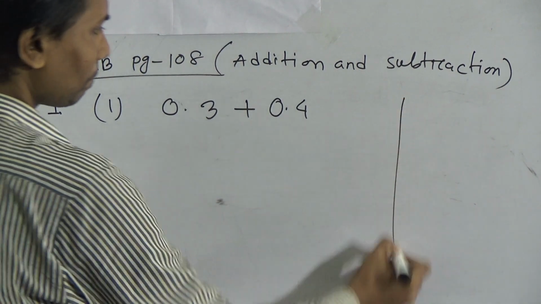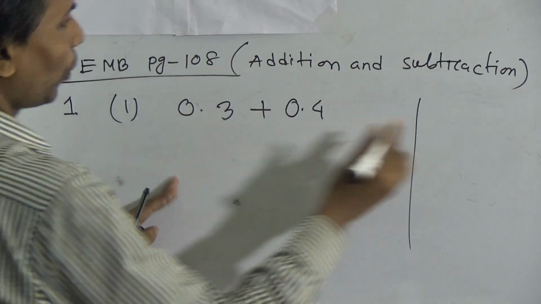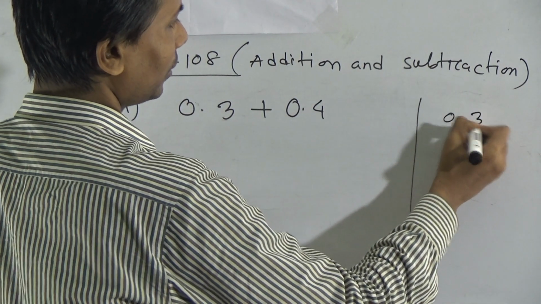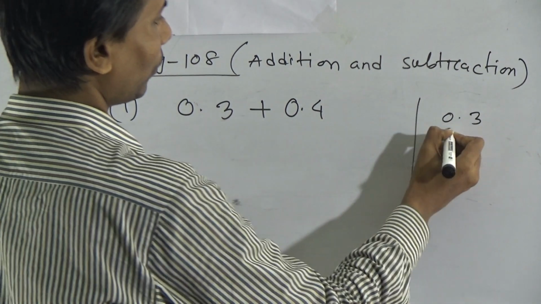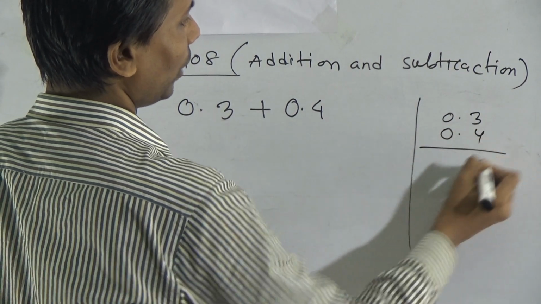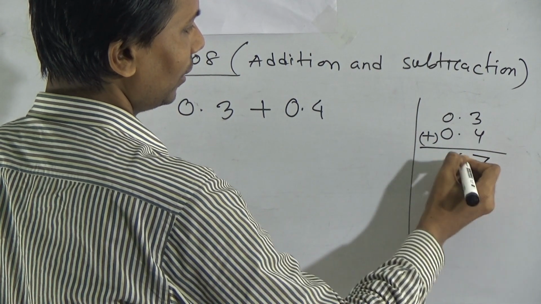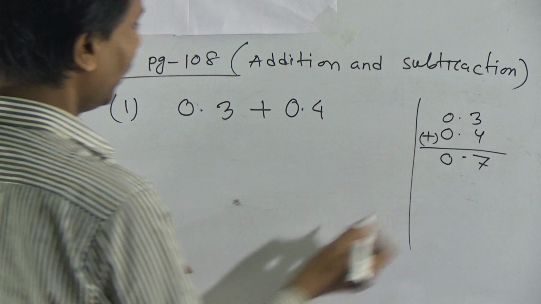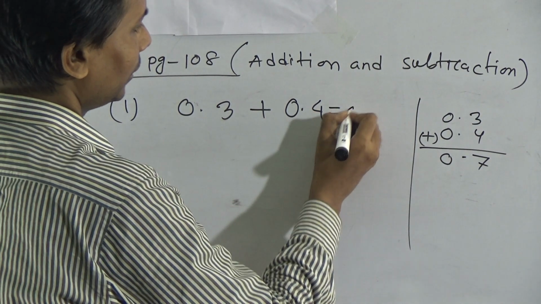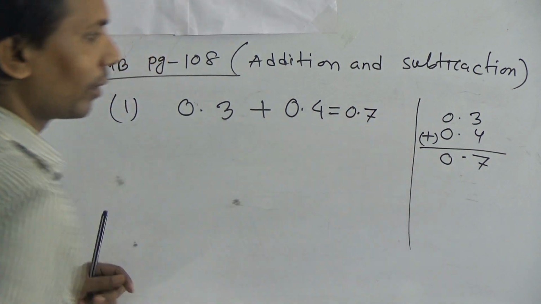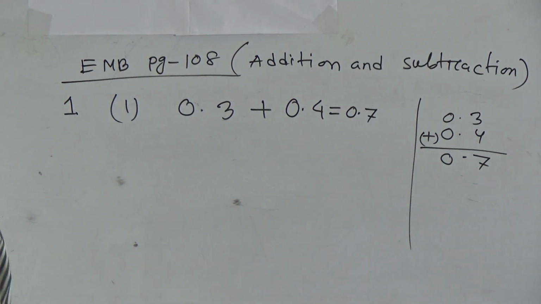Okay, you see 0.3, 0.4. Now you add 3 plus 4, that means 7. Okay, that means we can write 0.7. Okay, this is the answer.